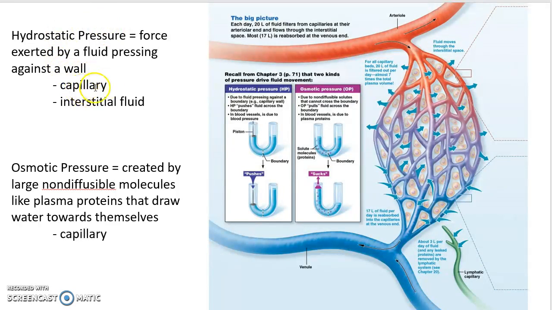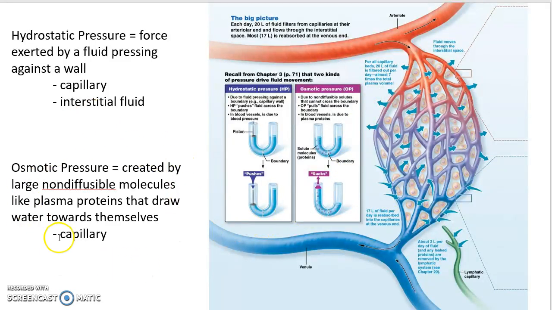We see hydrostatic pressure in both the capillary and the interstitial fluid space, that's the space in the tissue surrounding the capillary. Capillary pressure is generally high at the arteriolar end and low at the venule end. We know fluids flow from high to low pressure, so that is why fluid goes out at the arteriolar end and in at the venous end.